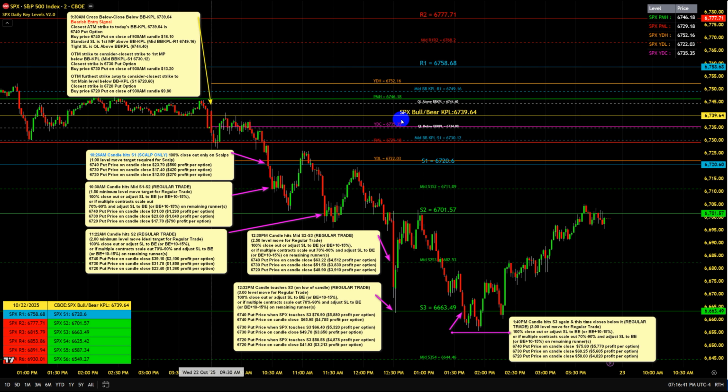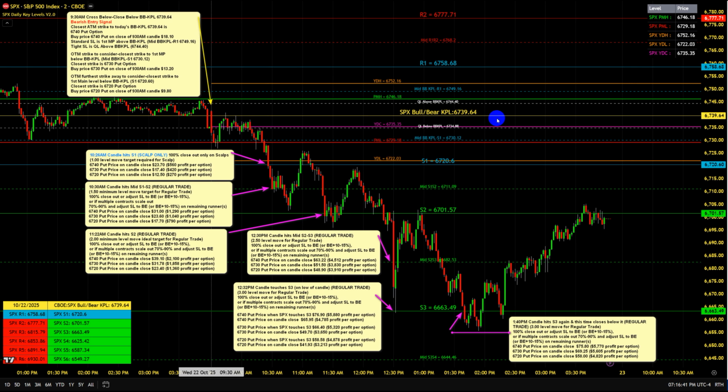The most important level that you'll get on your screen at 9:30 a.m. Eastern New York time is this key level here, the SPX Bull Bear KPL, which stands for Key Price Level. This level is the all-important Bull Bear pivot for today's session.